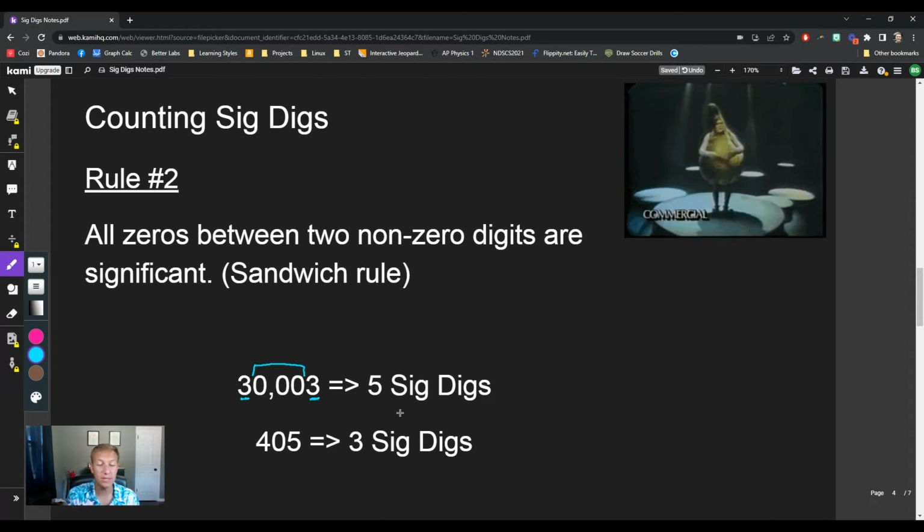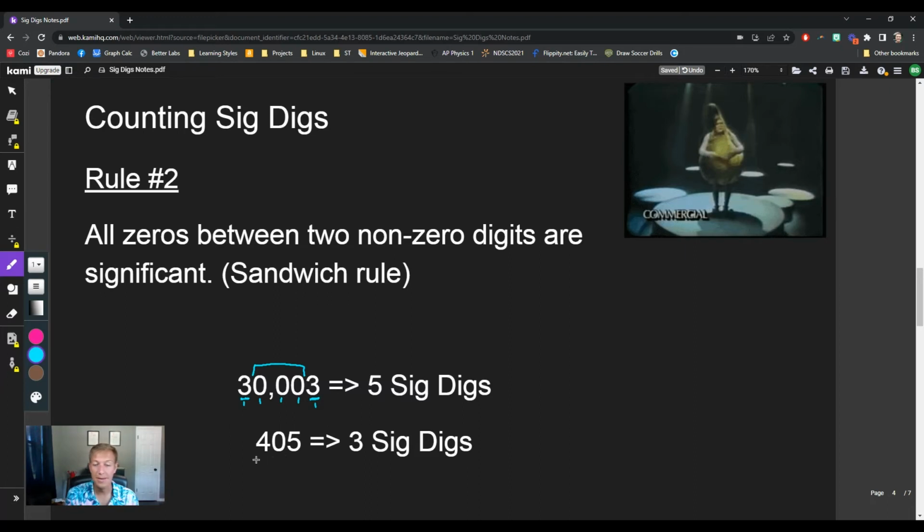So all of these are significant. I have a non-zero, and according to rule 1, that's always significant. So there's 1 Sig Dig, 2 Sig Digs. Then these zeros in between must also be significant. So there's 3, 4, and 5, a total of 5 Sig Digs in this number.